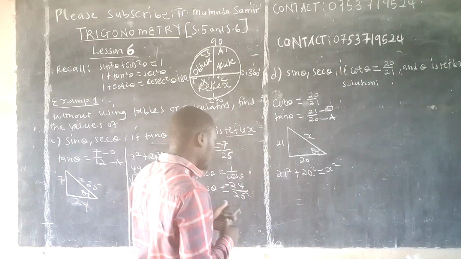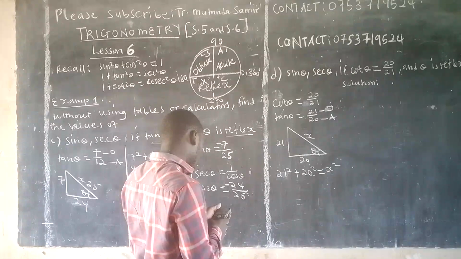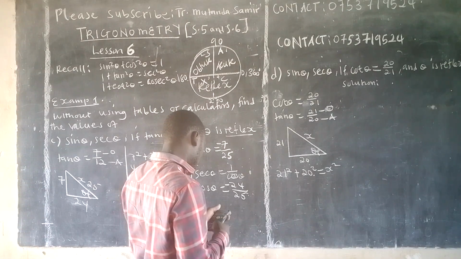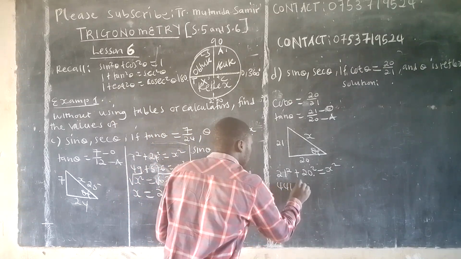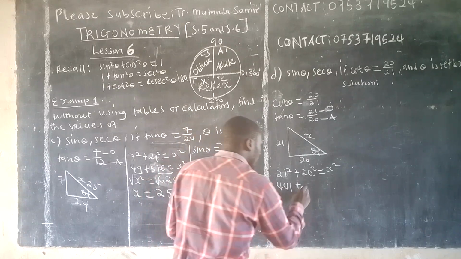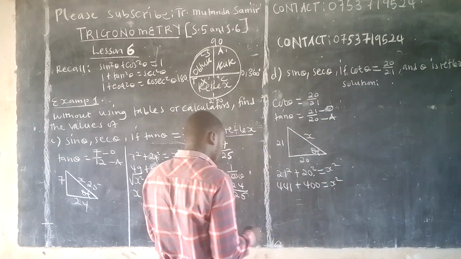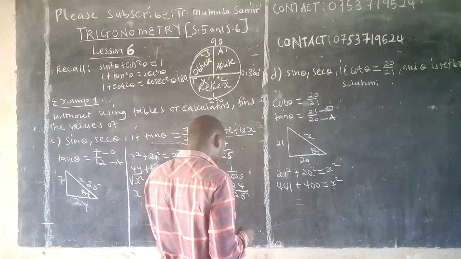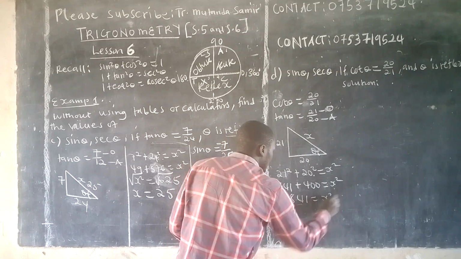So that will now be 21 squared, which is 441, plus 20 squared, which is 400, is equal to x squared. So when you add 441 plus 400, it will give us 841 is equal to x squared.